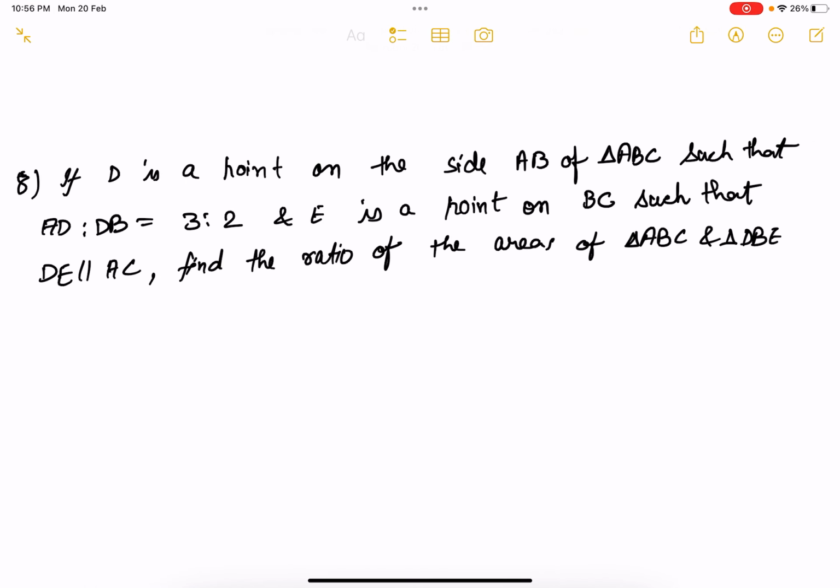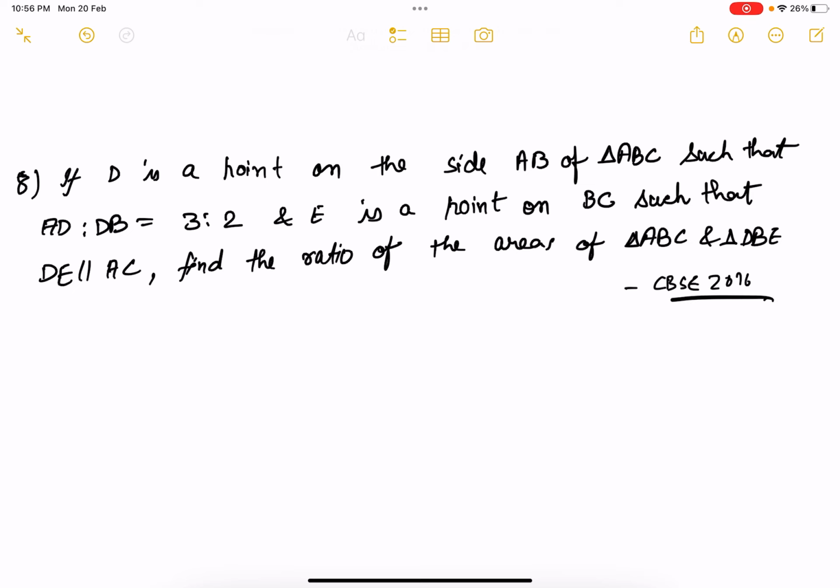Okay, now taking up the 8th example, this is the last example on the areas of similar triangles, and this question was asked in CBSE 2016.